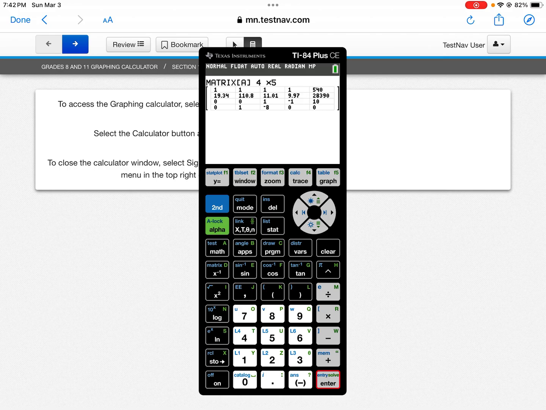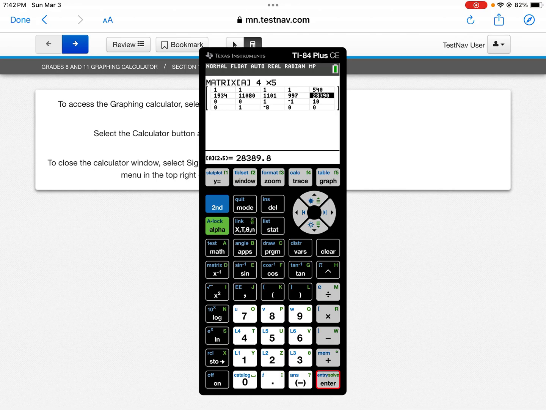Okay, so here, let me do this. Let me take all the decimals out. 1934, 110, 8. Ooh, that needs a 0 with it then. 1101, 997. And this would be, I think it's still going to do it.